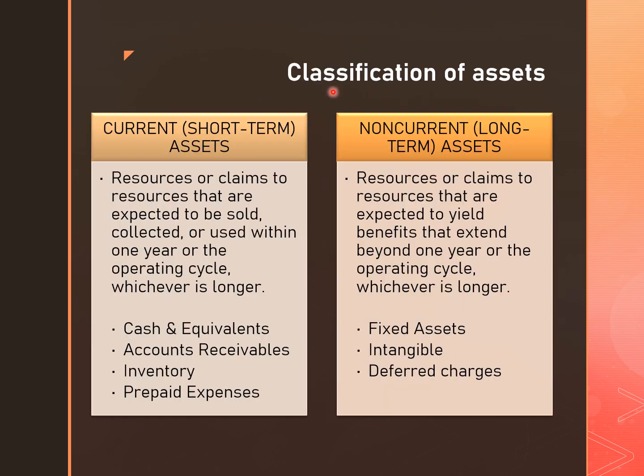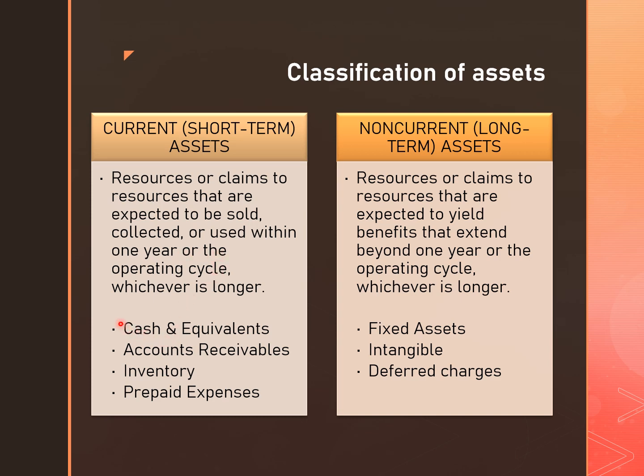These are the classification of assets. So assets is classified to the current ataupun short-term asset and also the non-current, which is the long-term assets. The short-term asset refers to the resources or claims that are expected to be sold or collected or used within 1 year.